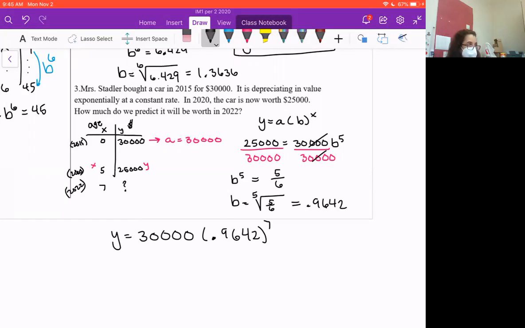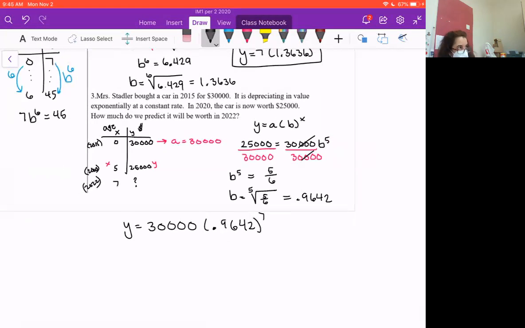I want to know how much will my car be worth when it's 7 years old, because that's what 2022 represents, the car in 7 years from when it was bought. So how much will a 7-year-old car be worth? That started at $30,000 and is depreciating at the rate of the B that's there.